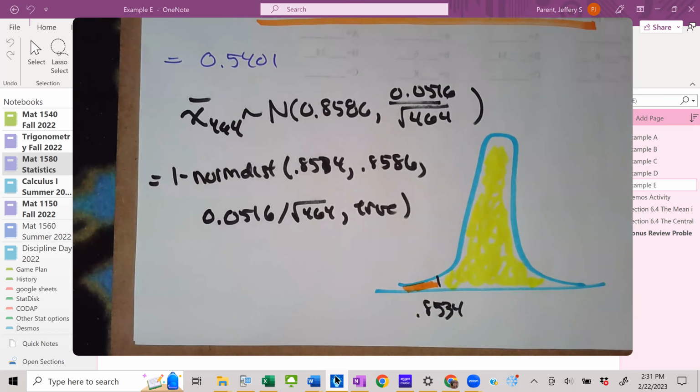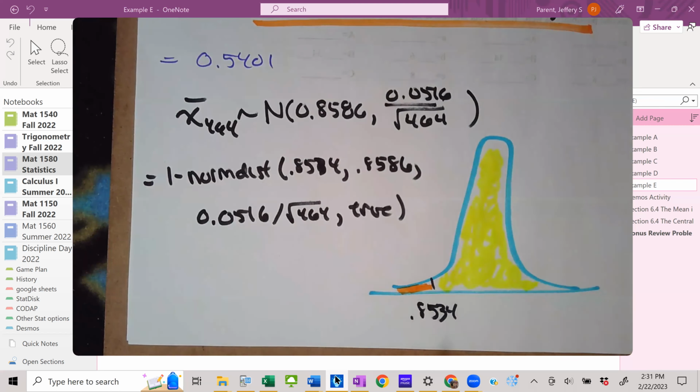The easiest thing to do would just be to copy this command and change the standard deviation. That's all it really amounts to.